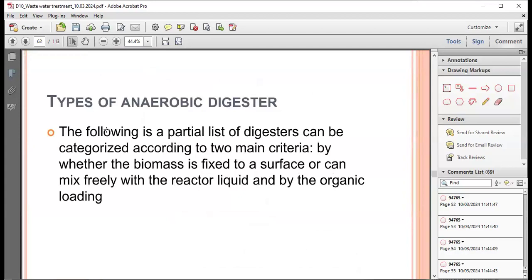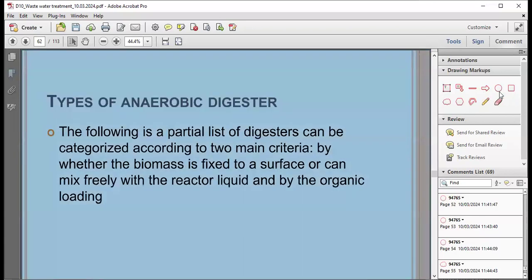Then the types of anaerobic digester. The following is a partial list of digesters.